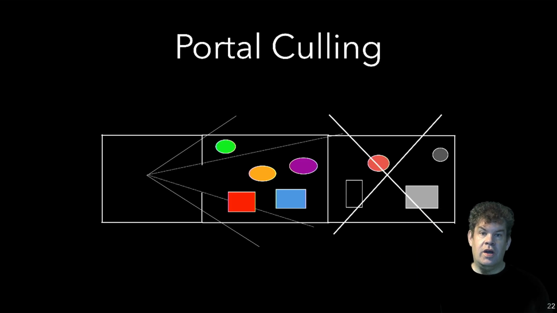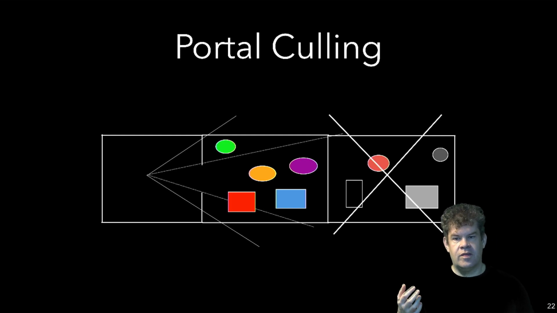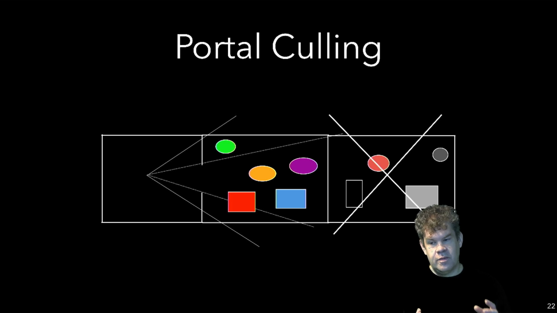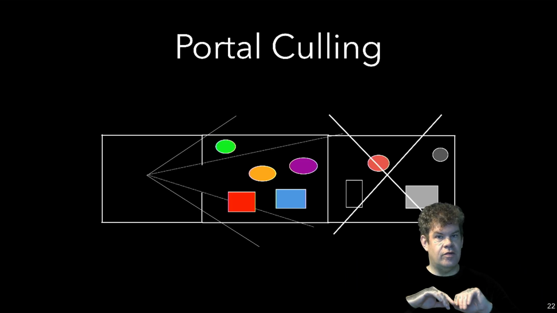Before I get to the acceleration structures, just a somewhat hacky thing that is still very important: portal culling. In special situations, we can make assumptions. For instance, let's say we've got a room-to-room scenario. You're in a cave, a house, a dungeon, whatever.